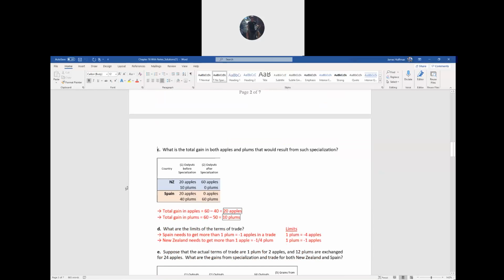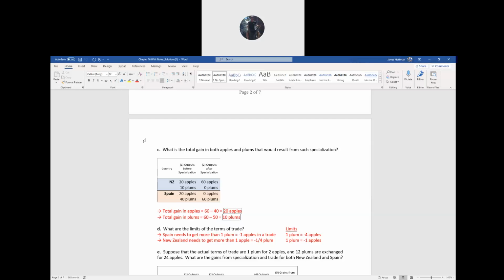Now, part C is going to tell you what is the total gain in both goods that would result from specialization only. So we're starting with just specialization. What is the total gain in both apples and plums that would result from such specialization?